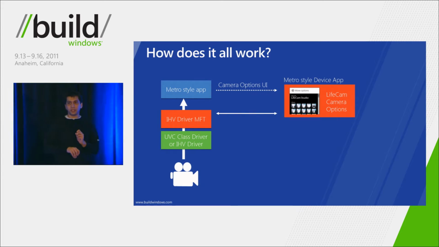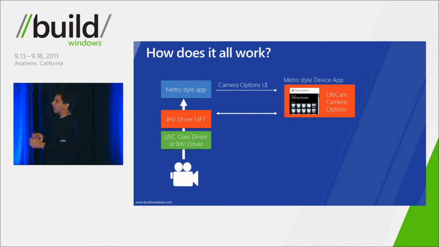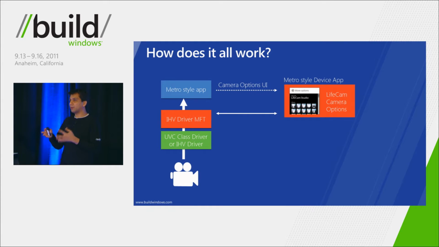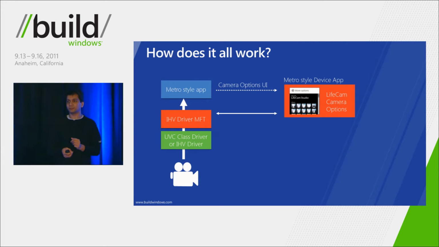Now, my developers wanted to make sure that I mentioned to you that this driver MFT is loaded into the pipeline even before the camera options experience comes up. In that state, it's essentially acting as a pass-through in most cases.